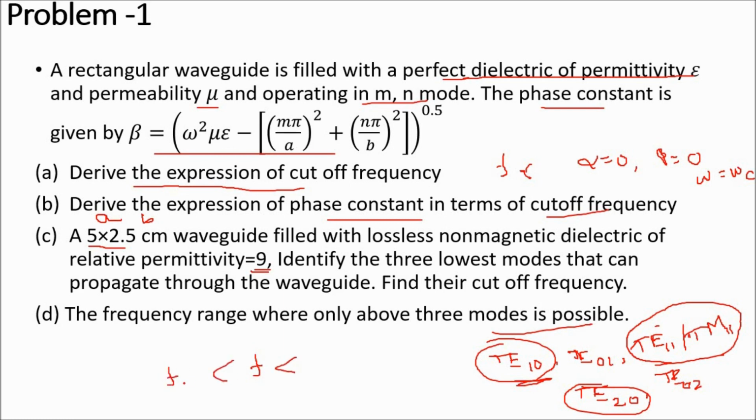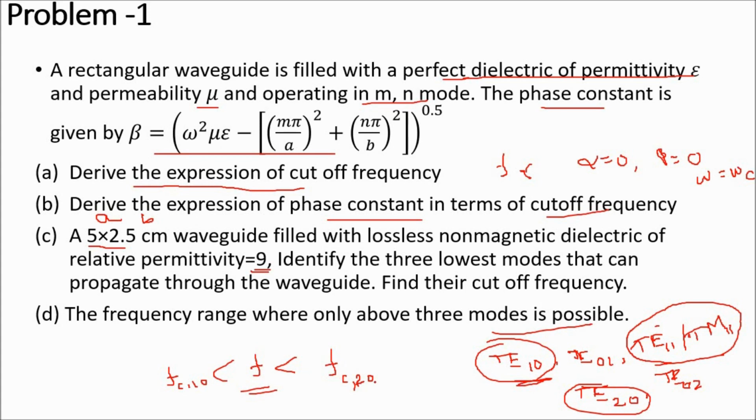So cutoff frequency of the lowest one, 10, and the cutoff frequency of the third one. Let's say third one is FC20. I don't know which one. So you can find this and find FC20. So the operating frequency range will be higher than this but lower than this. Then 3 modes will be possible.